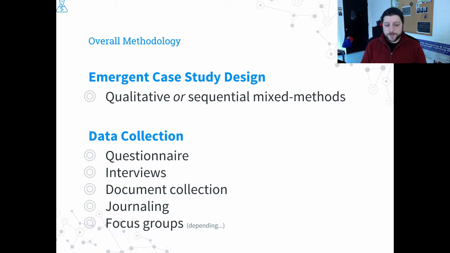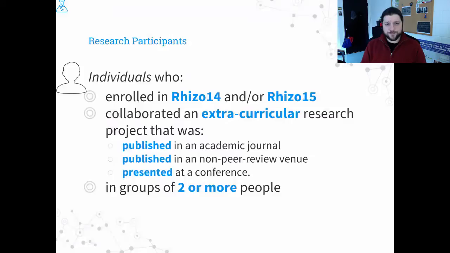Journaling on my part, and focus groups depending on the variety of factors. Focus groups at this point look not as promising, but I want to consider them if the climate is appropriate.